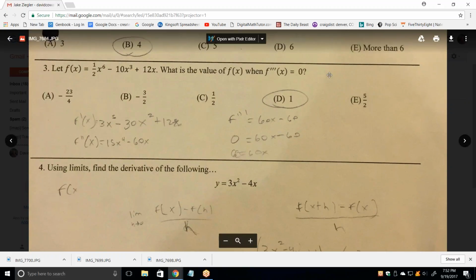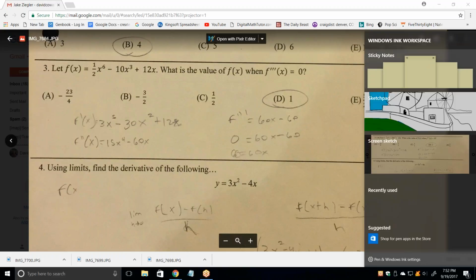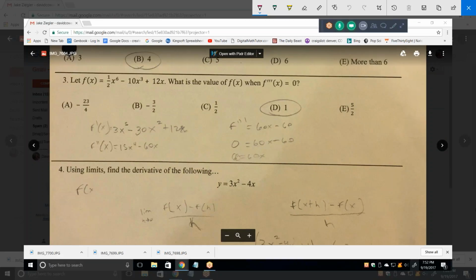It's a good one. This will take us the rest of the 10 minutes. I'm guessing, just because there are so many derivatives they want here. What is the value of f of x when f triple prime of x equals 0? Well, what do we have to do? You've done it. You've got the first derivative, which looks correct.